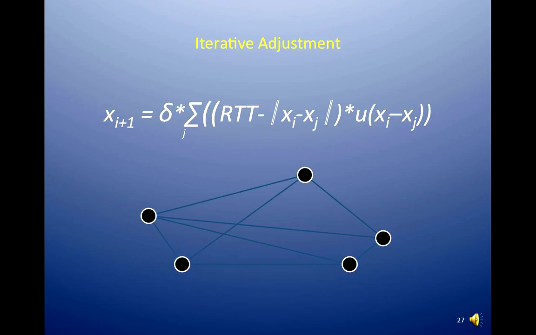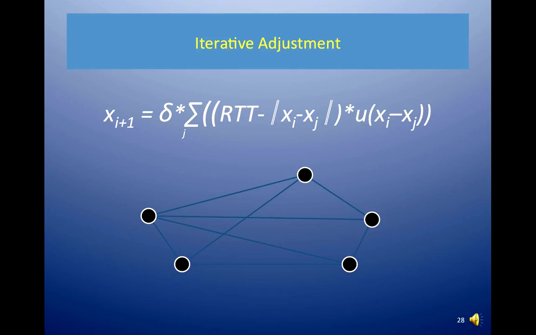Now let's see in action how we can move each node such that distances are equivalent to the RTT. Let's assume that we put a pressure or force on this node. As soon as this node moves, immediately this node gets moved, right? We have seen that in a spring system, when one spring moves, the other spring moves. Since this node moves here, now this node gets moved here.